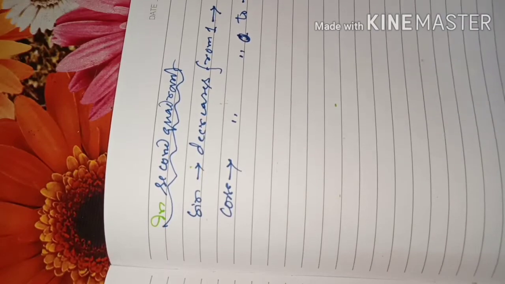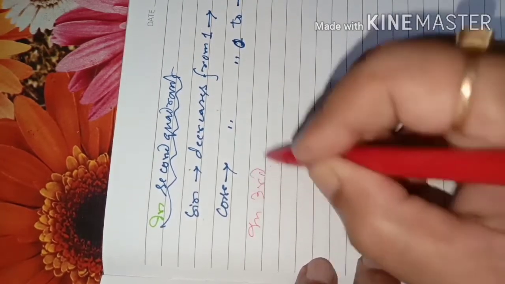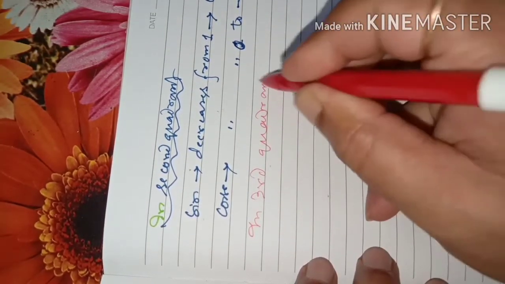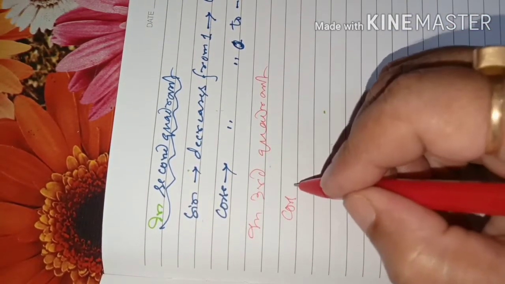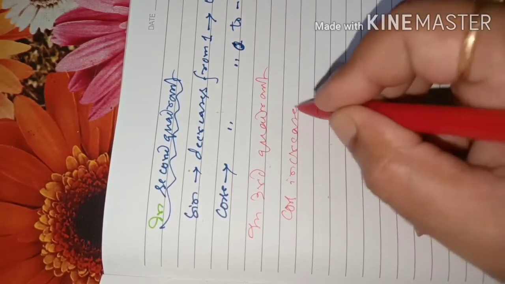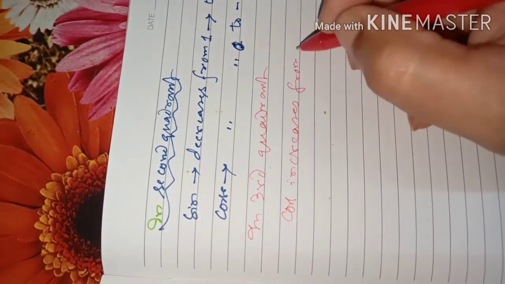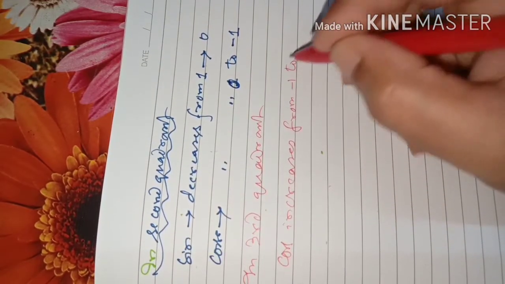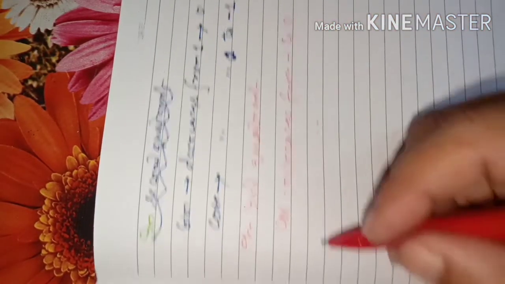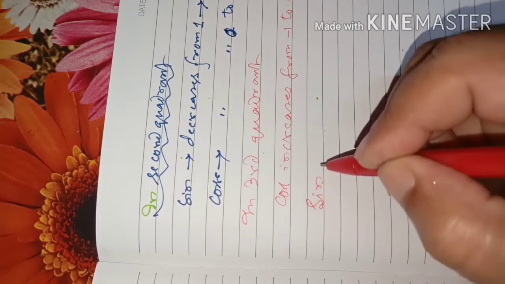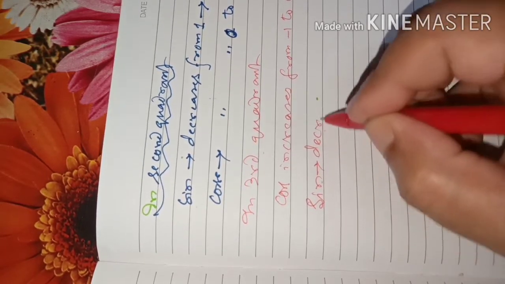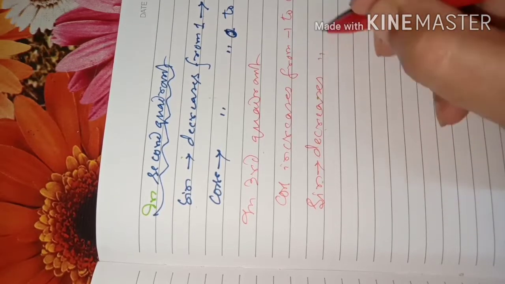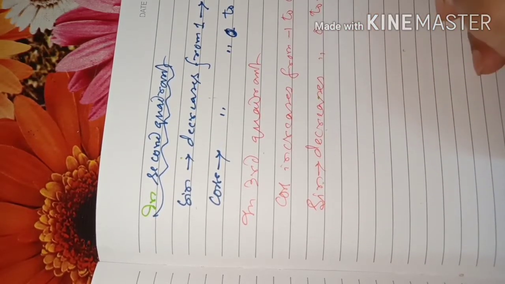So we can write this way: in the third quadrant, cos increases from -1 to 0, but sine decreases from 0 to -1. Have you understood?